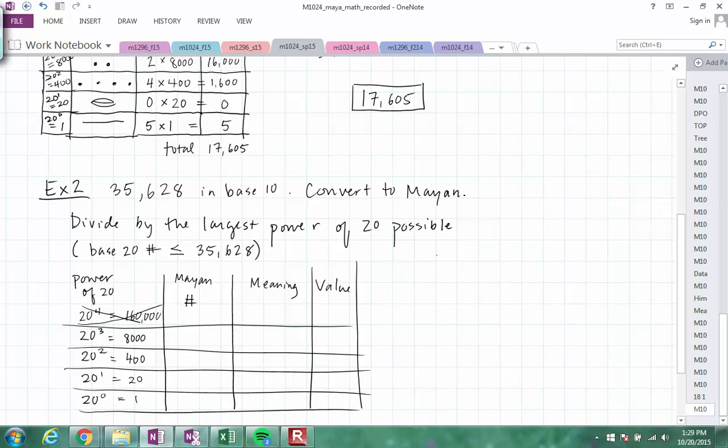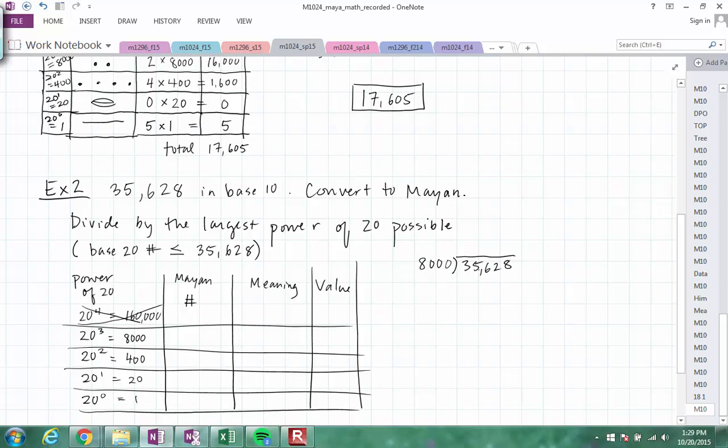So I'll do my side work here. Dividing by the largest power of 20 possible is going to be 8,000 in this case. 35,628. These numbers are really big, as you can tell, so using a calculator to aid here could be handy. Remember, we actually do want the old school remainder. We do not want the decimal part of the answer, so you just throw that away.